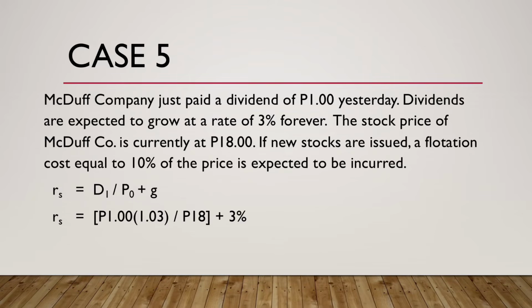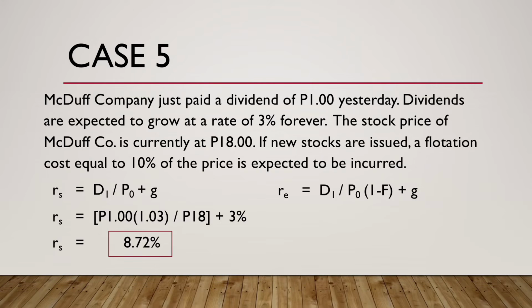This is equal to 1 peso, which is already paid, so let it grow by 3% to arrive at the dividend next year, divided by 18 pesos plus 3%. We have an R sub S of 8.72%.